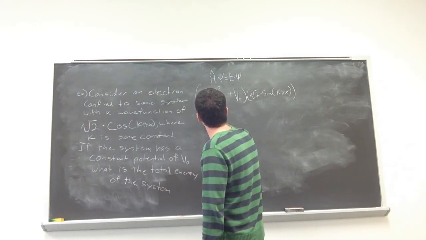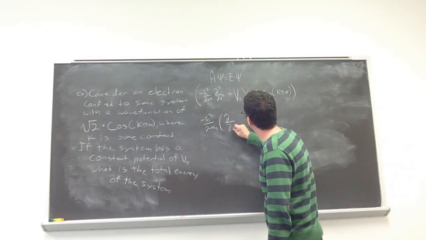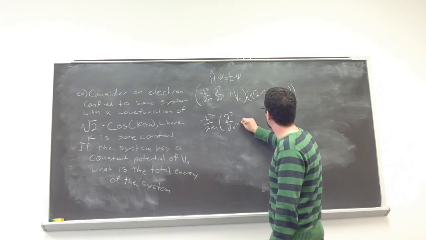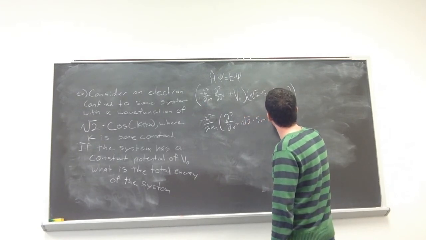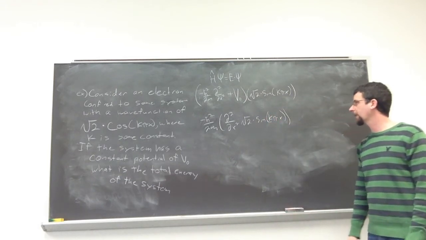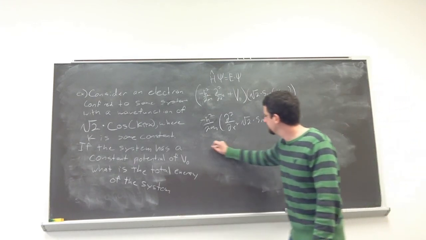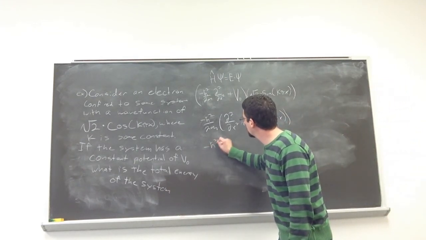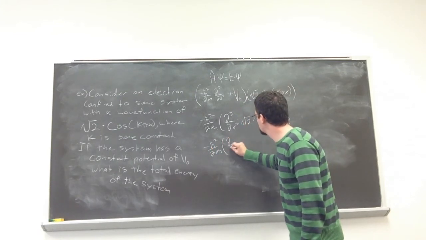Okay, so we've got negative h bar squared over 2m, second derivative with respect to x, of square root of 2 cosine k pi x. In this one we have to use the chain rule. Let's just take one derivative first.